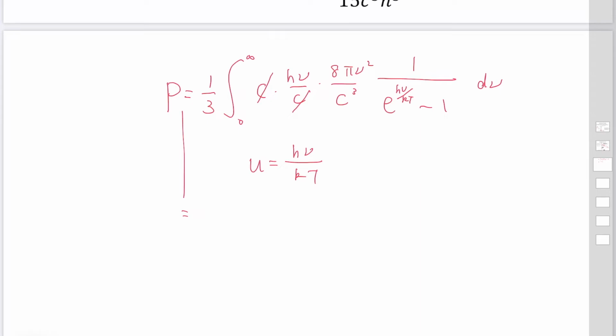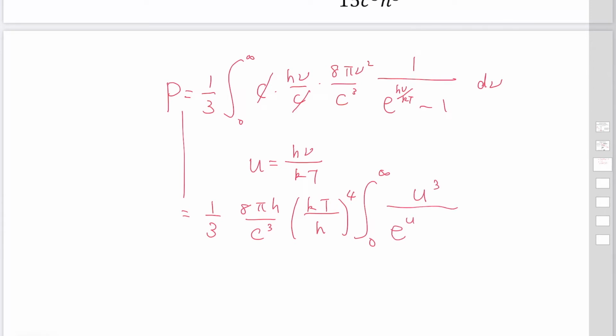Then this equation is expressed as 1 over 3, 8 pi h over c cubed, times kT over h to the fourth, integral from 0 to infinity of u cubed over exponential u minus 1 du.